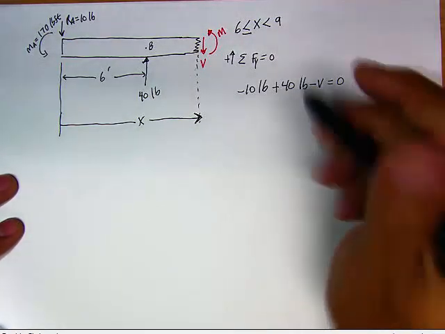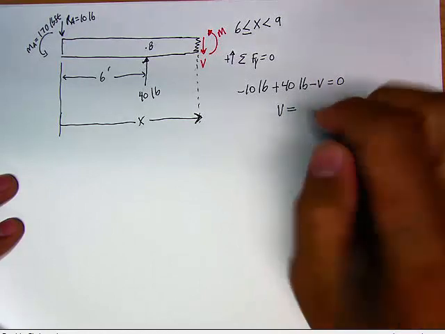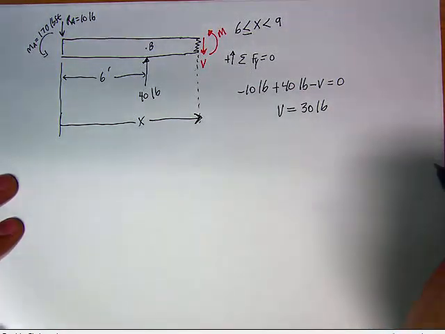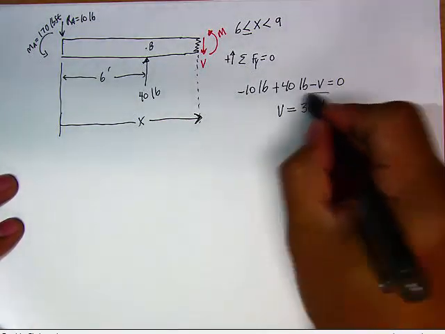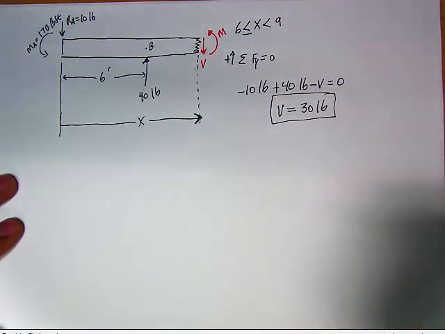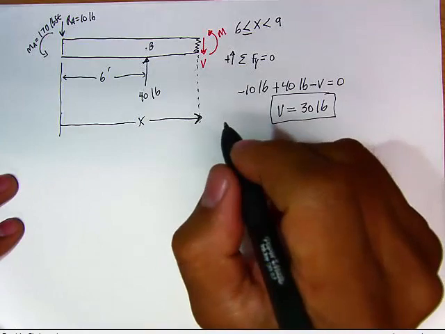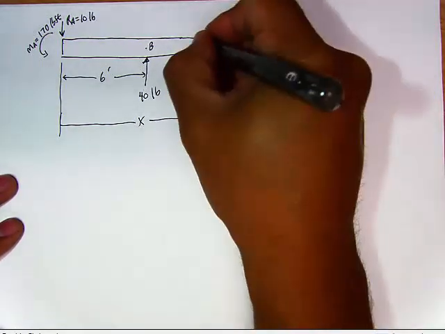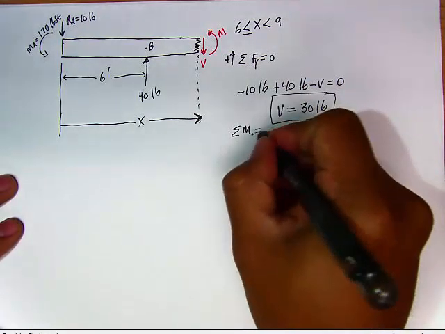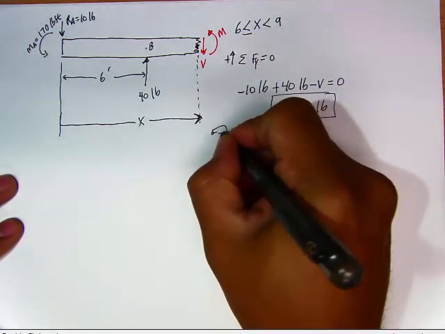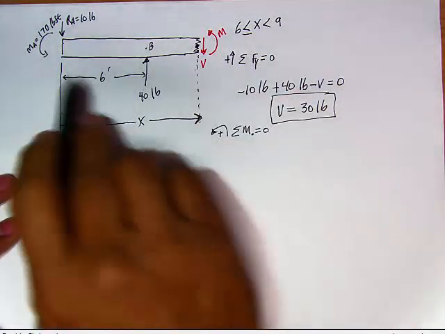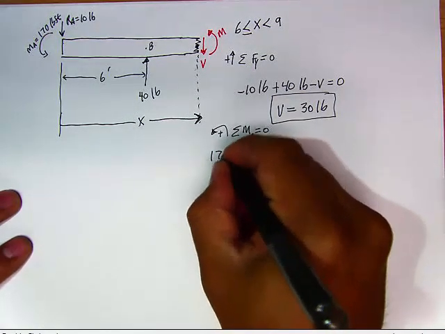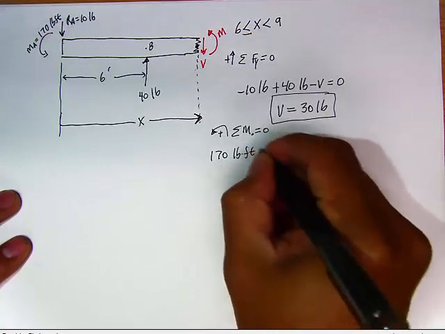Put that V to the right side to make it positive, and V is equal to negative 10 plus 40, 30 pounds. All right. Fair enough. Next equation. Sum of the moments about this point right here must be equal to 0. Counterclockwise positive. Positive 170 pound-feet.